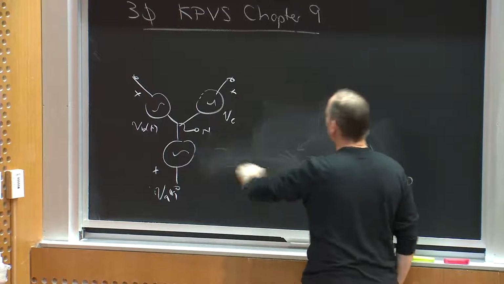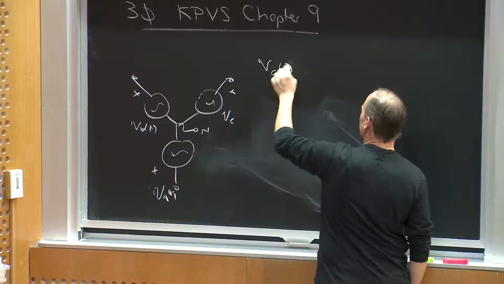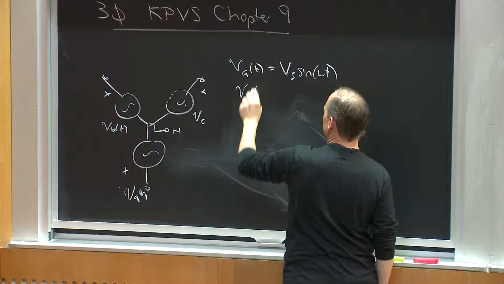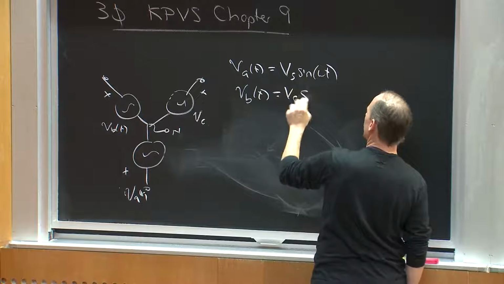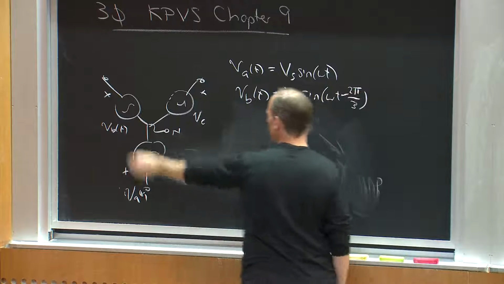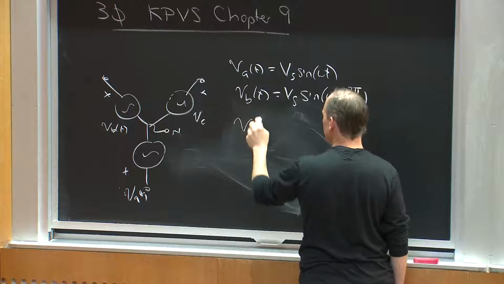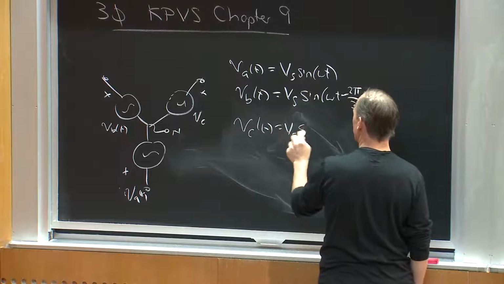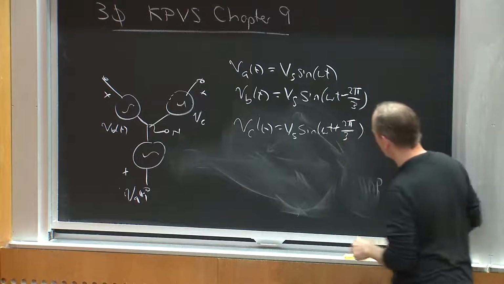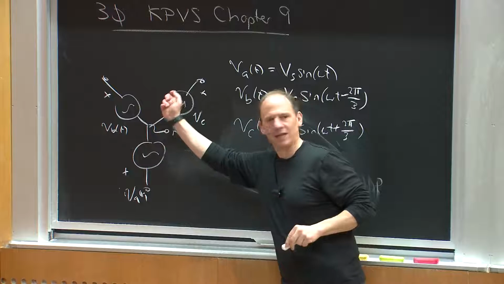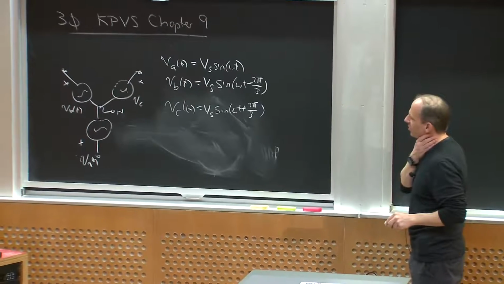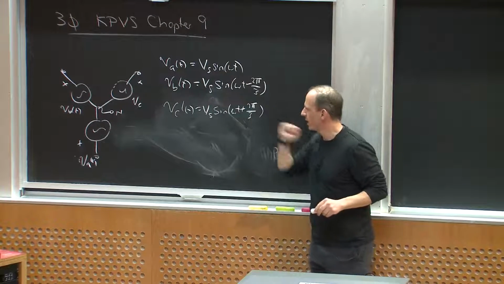If I wrote VA(t) = Vs sin(ωt), VB(t) = Vs sin(ωt − 2π/3), so 120 degrees lagging, and then VC(t) = Vs sin(ωt + 2π/3), this might be 240 degrees lagging or 120 degrees leading, depending upon how you would like to look at it.